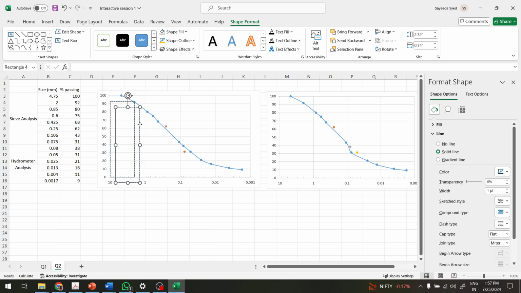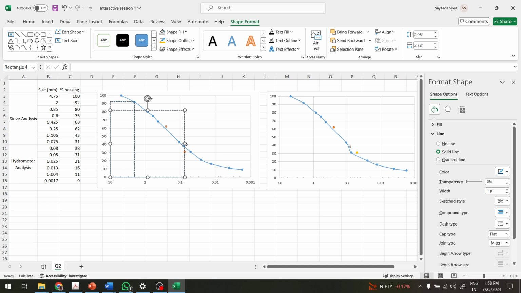And then we will have 0.075. This is 0.1, 0.01, 0.02, 0.03, 0.04, 0.05, 6, 7.